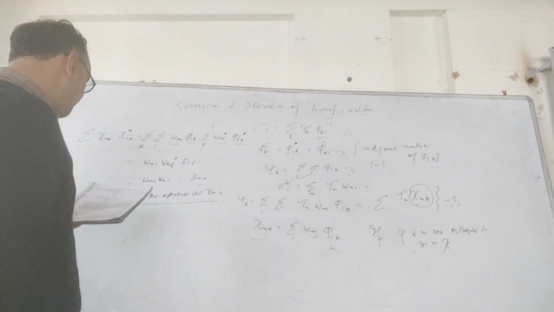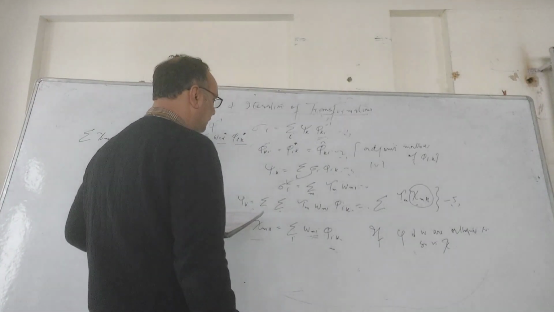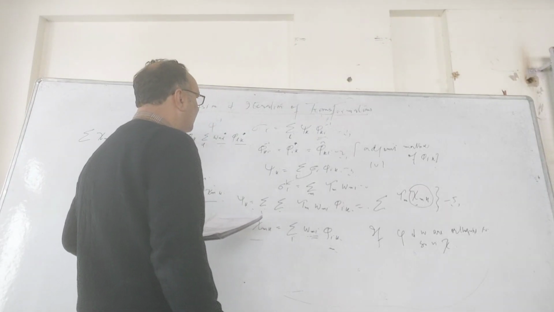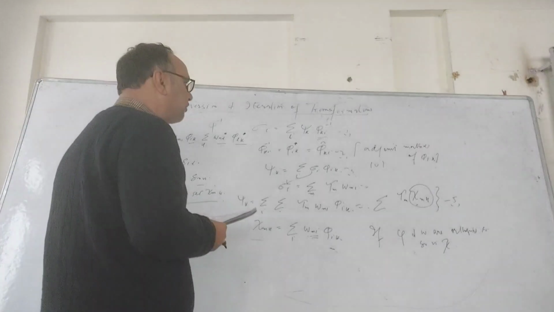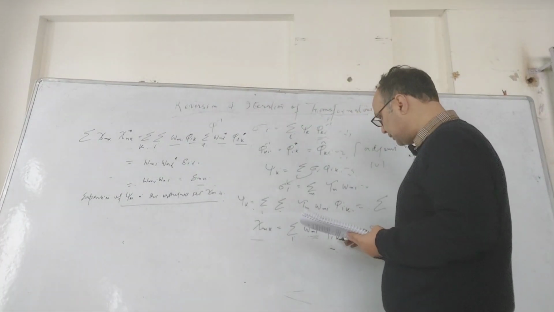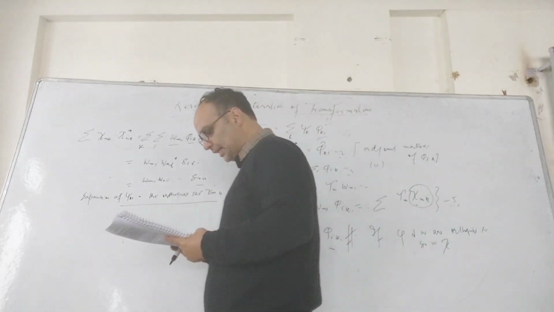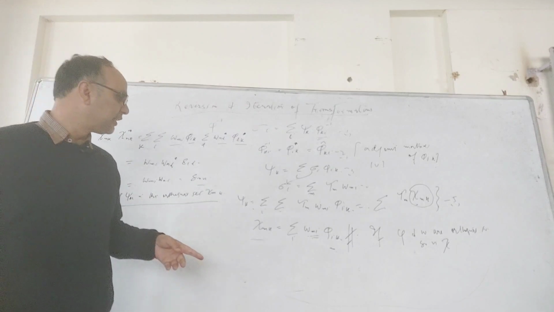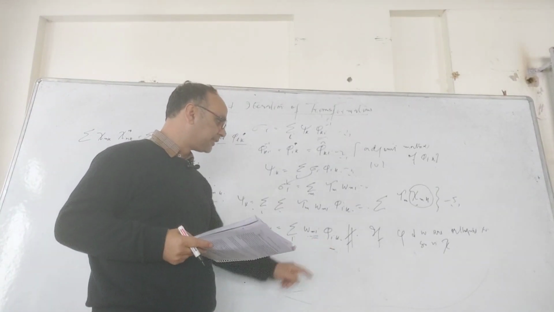So this relation, if you remember the relation chi of m k, determines a new set of functions given by the matrix multiplication of the two.